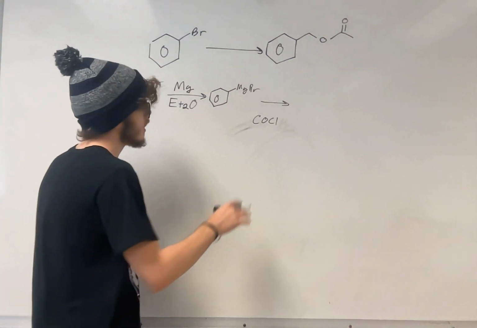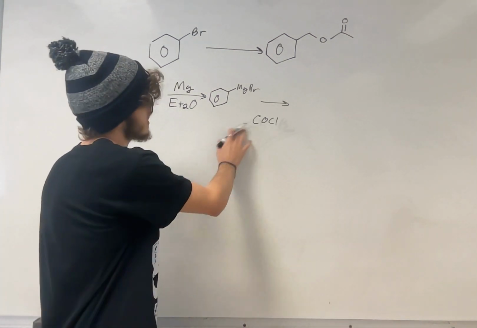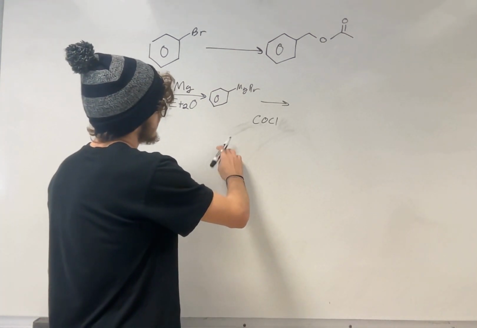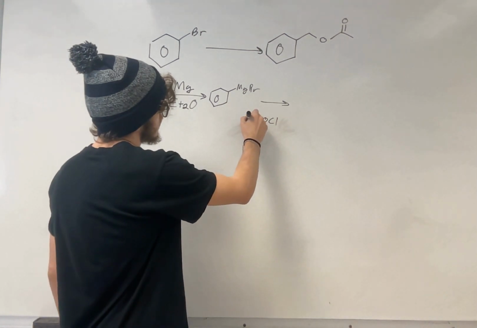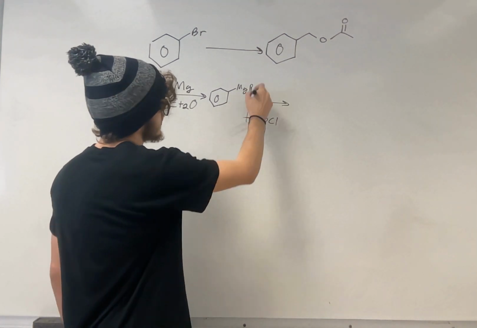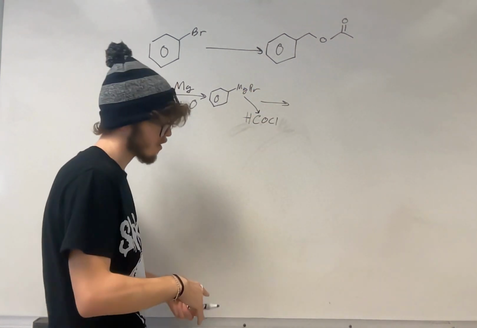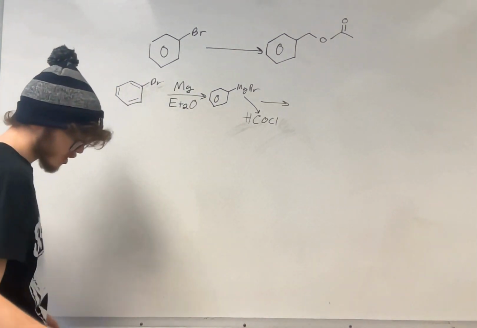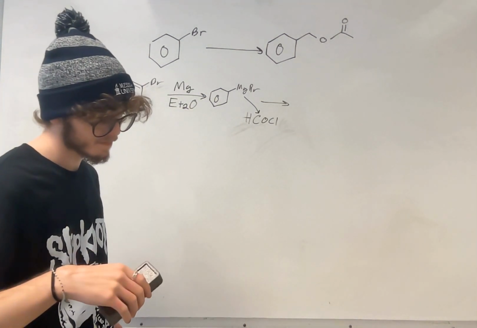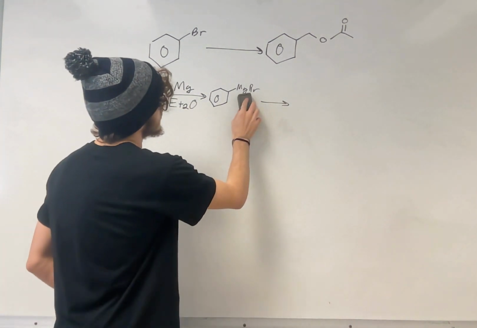It would not be happy. But let's just say this existed somehow. Or maybe it could be like that, and it could attack, and then go right to our acid halide.